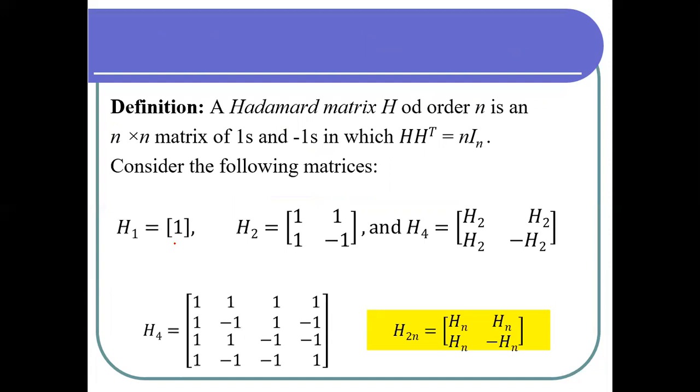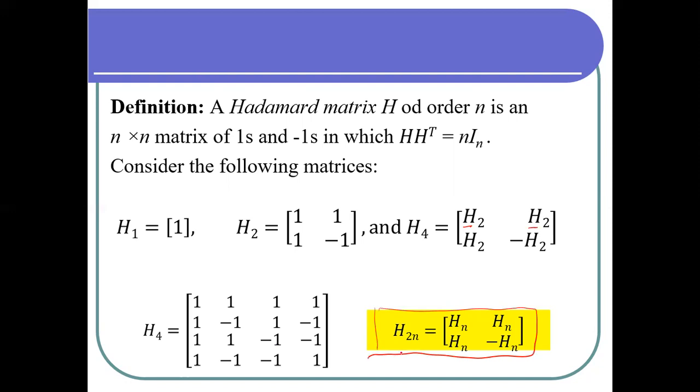Let us consider H1 is 1, H2 is like this matrix, and H4 is a 4 by 4 matrix of this form. If you place H2 over here, H2 over there, with the minus sign of H2, you will get H4. The general relation between Hadamard matrices of higher order is given over here, highlighted in yellow.